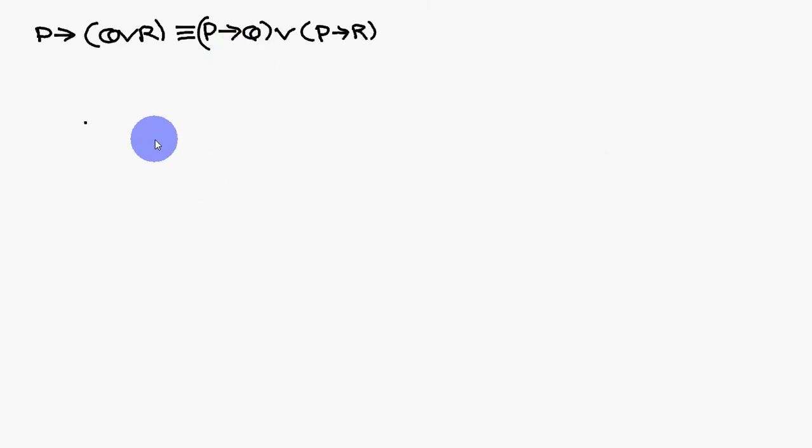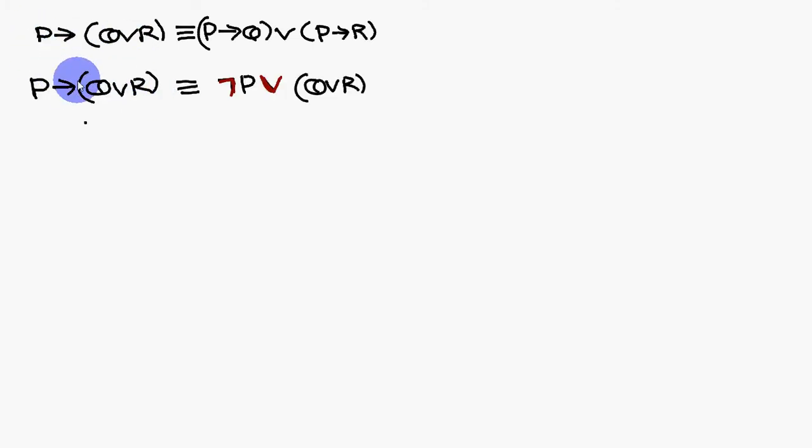Next, P conditional (Q or R) is logically equivalent to (P conditional Q) or (P conditional R). Consider the left hand side. I am removing the conditional: for the first one you have to apply the negation, and in place of the conditional you have to write OR.